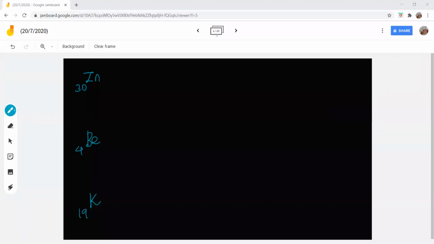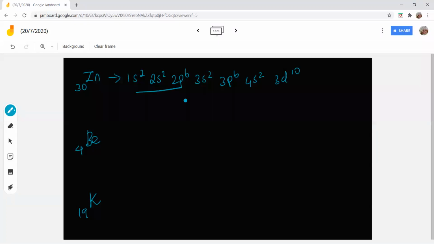Okay, now, yes, students, now let's start filling. Students, listen. Now let's start filling electrons. For zinc, first you have 30 electrons. So first 1s2, 2s2, 2p6, 8 electrons, right? Then 3s2, 3p6, 4s2, 3d10. You see here 10, 20, 30.